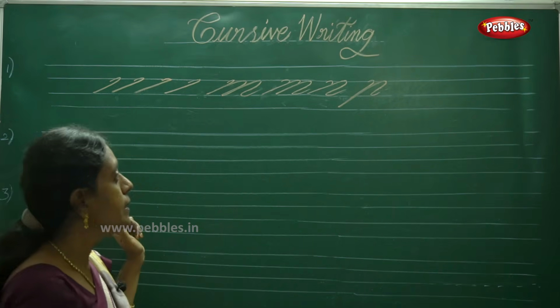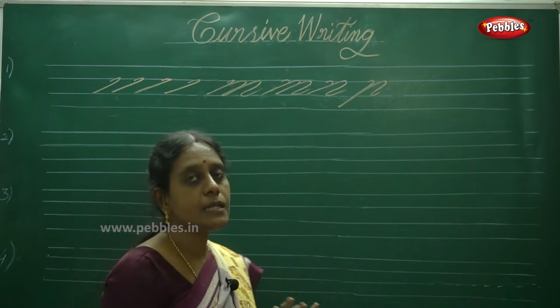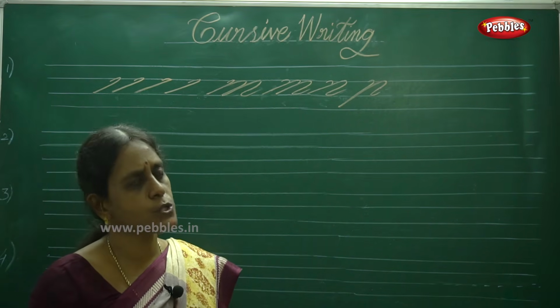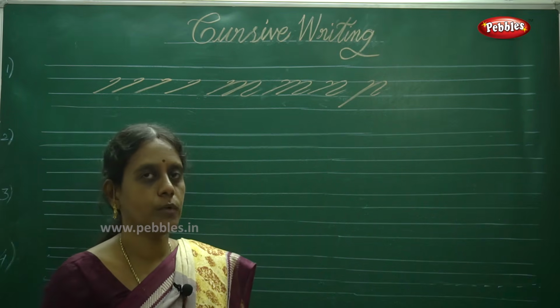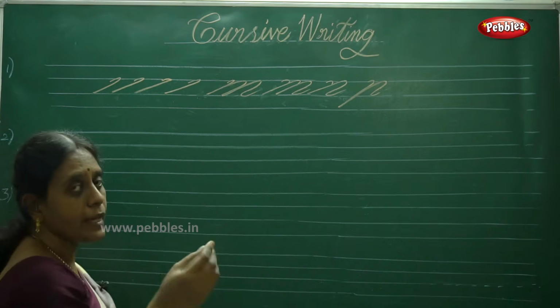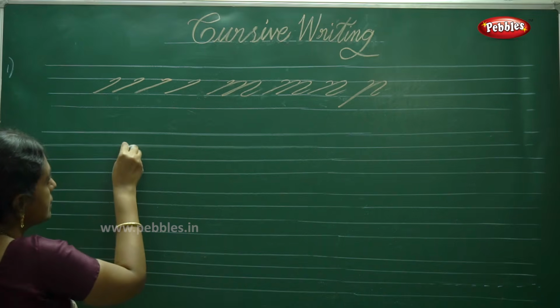Understand? So next, the two more alphabets V and W do not have any basic stroke, but they have a writing rule. Let me show V and W, how it comes: straight and slanting.